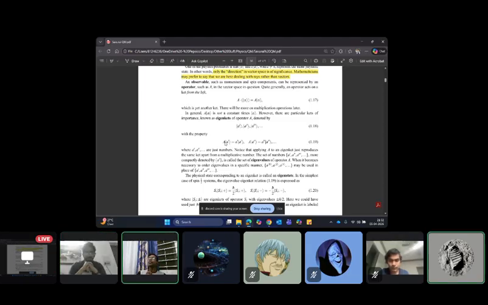Okay. So the dual space is no longer states, it's operators. In the case of matrices, roughly speaking, the state is represented by vectors and the operators by matrices.